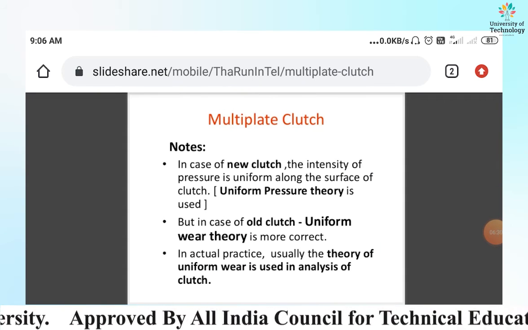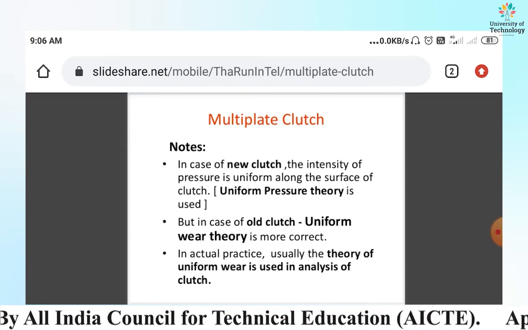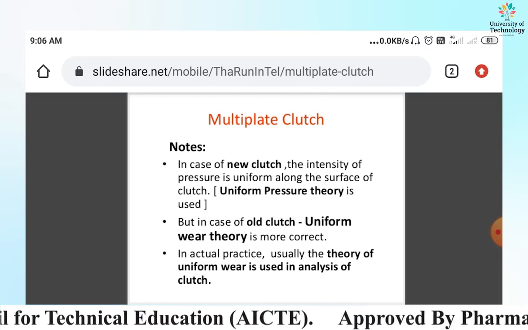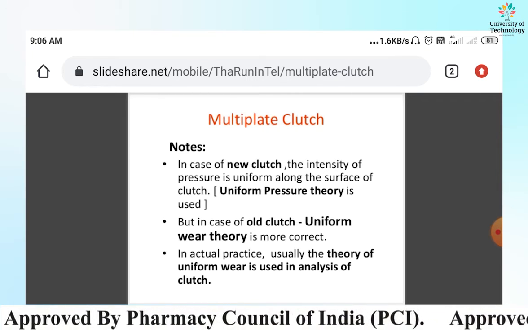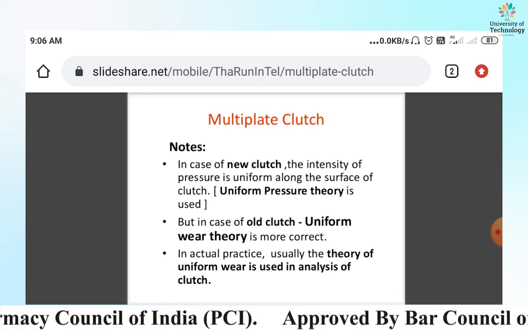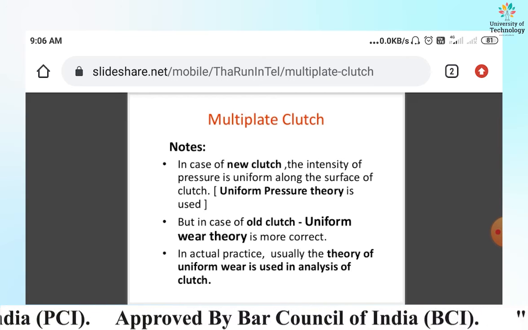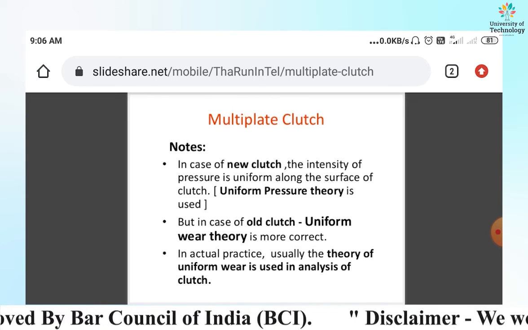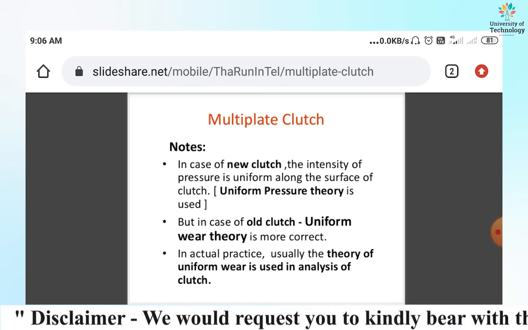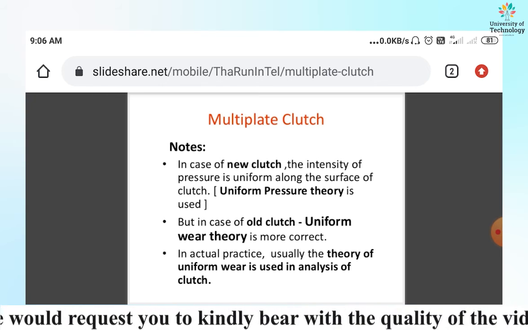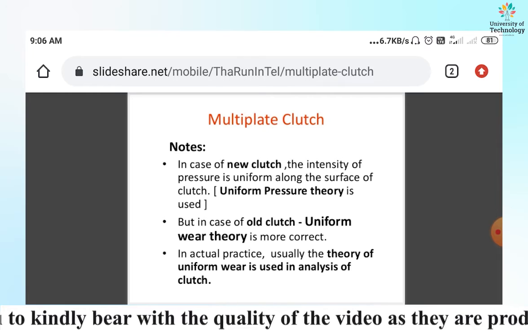In the case of a new clutch, the intensity of pressure is uniform along the surface of the clutch. Here, the uniform pressure theory is used. But in the case of an old clutch, the uniform wear theory is more correct.